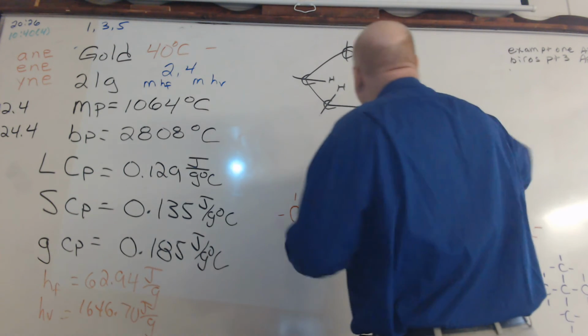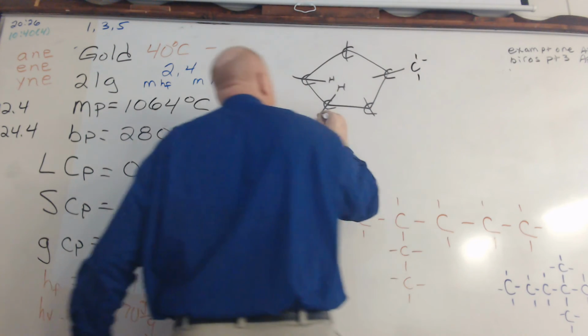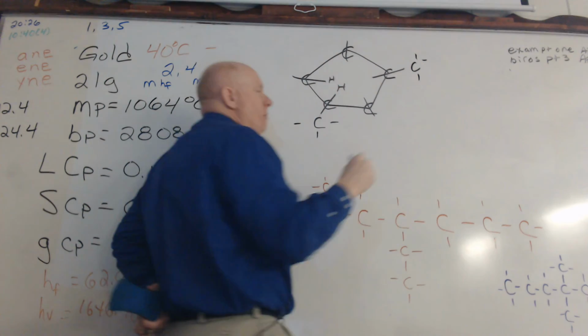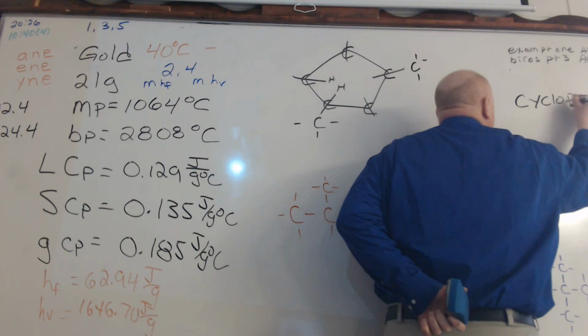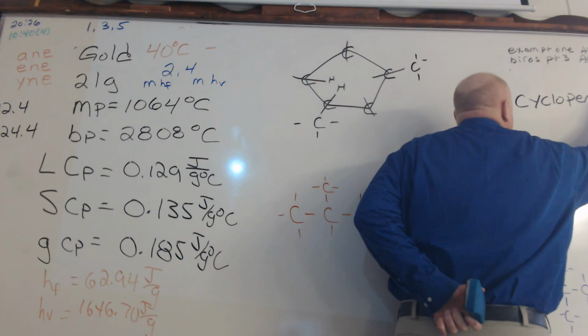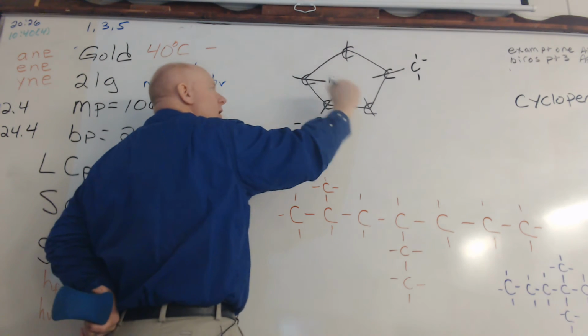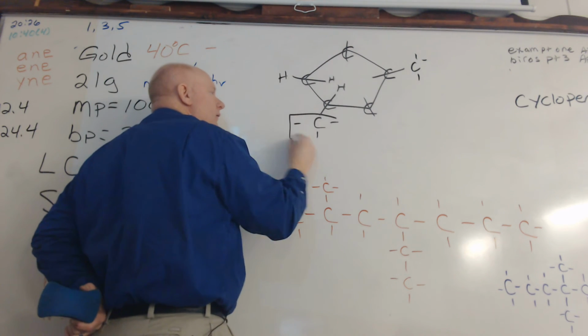Okay, now we had this on here and we had this on here. Okay? So remember, this was cyclopentane when these were just hydrogen atoms. But this is a derivative.